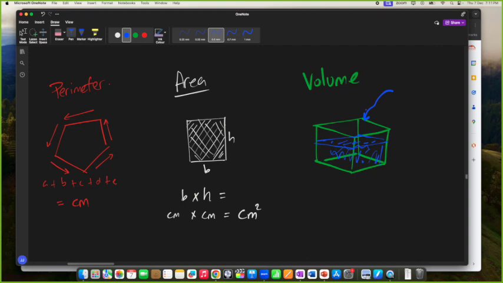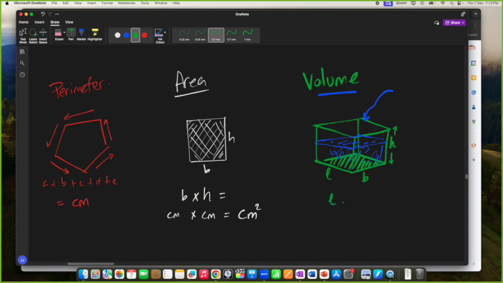So we want to find out how much space is inside the object. The inside of the object, that is what we're talking about with volume. And in order to find that, you have to take the area of the base. So the area of the base will be what? You have length times breadth to find the area of the base, and then you have to multiply it by the height.